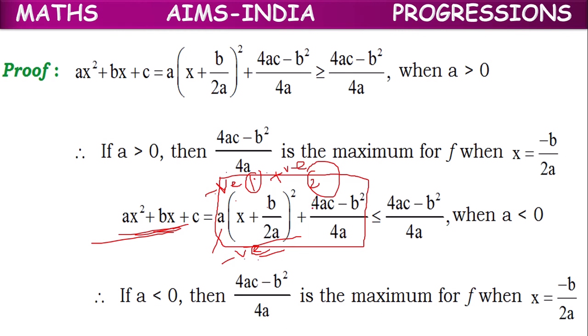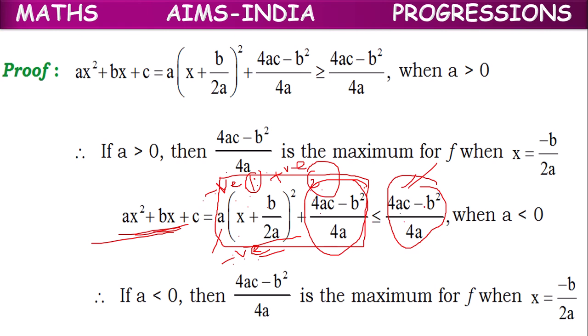This negative value plus 4ac minus b square by 4a: if it is 0, it is equal to this one. If it is negative, it will be less than this one. The sum of 1 and 2 will be equal to 4ac minus b square by 4a or less than it, because we have a negative value as the first value. If it is 0, the sum of 1 and 2 is equal to the second one. If the first value is negative, the sum of 1 and 2 is less than the second one.